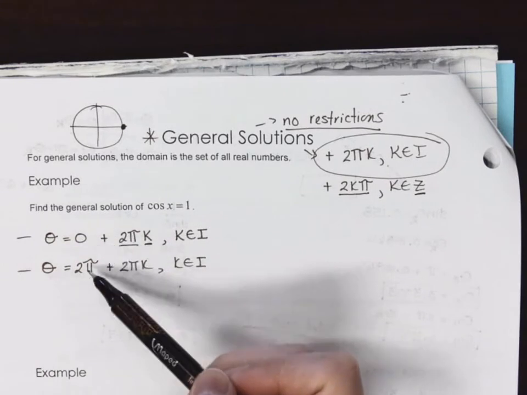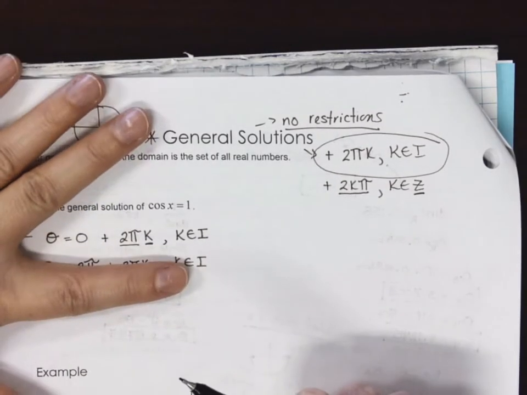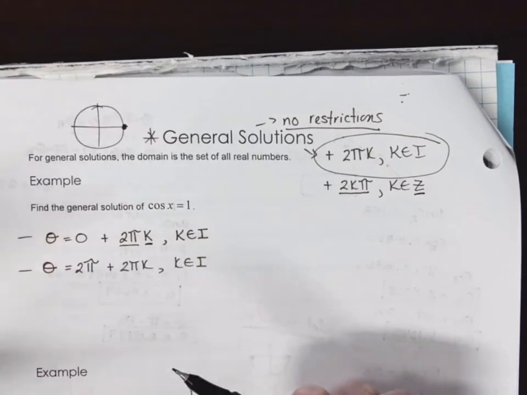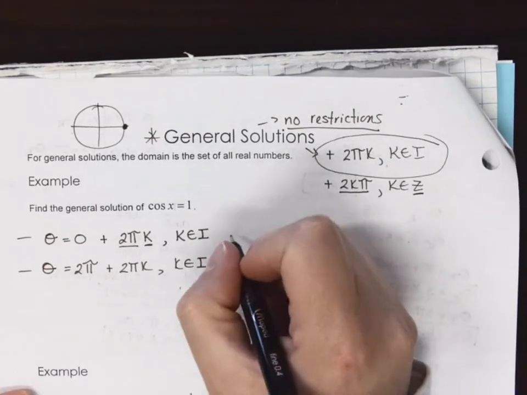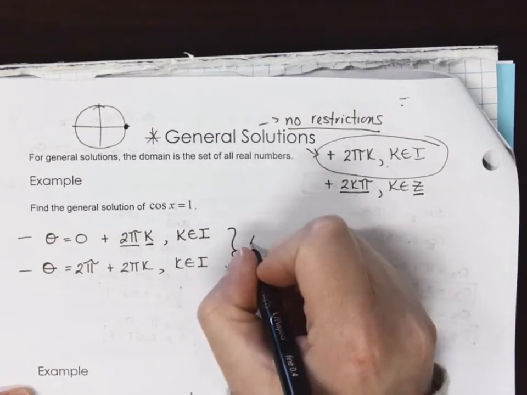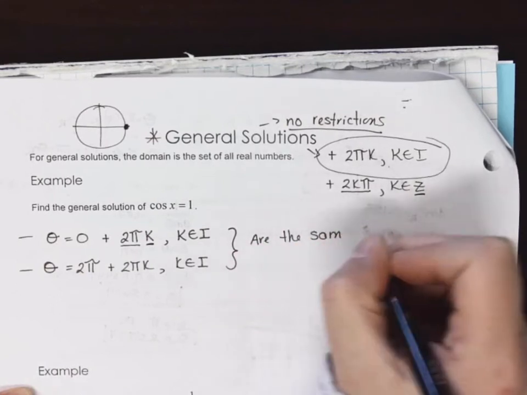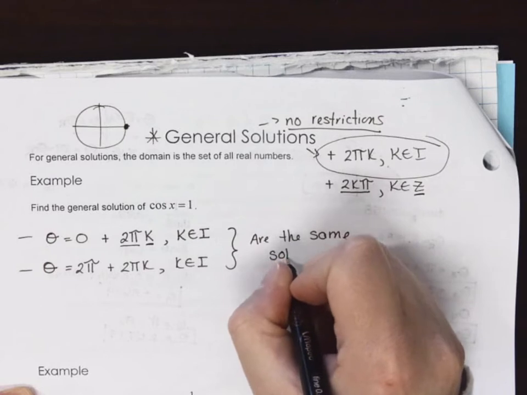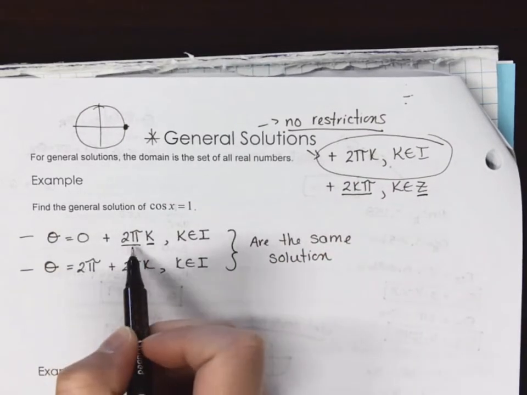You will not be marked wrong if you list them as 2, and you will not be marked wrong if you list them as 1. These are unique situations where your solution is on an axis, okay? We'll talk about those unique solutions. These are the same solution, because really, 0 plus 1 full rotation, where are you?